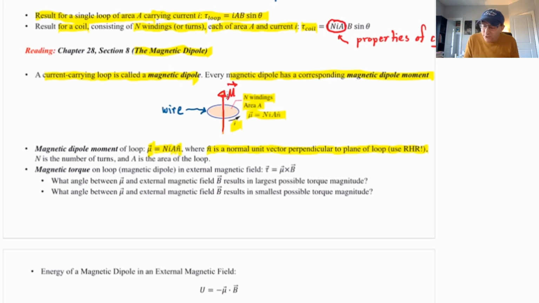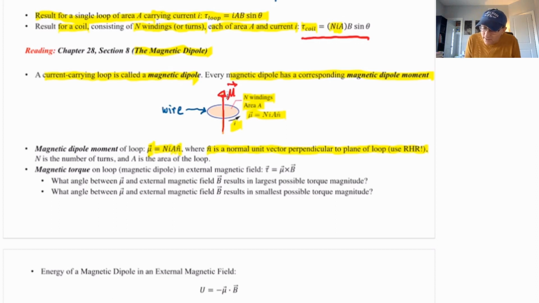Now with that definition, go back up and look up above for the expression for the total magnetic torque on a coil carrying current. And the thing inside the parentheses is the magnitude of this new thing we just called the magnetic dipole moment, right? Right here. That's the magnitude of mu.